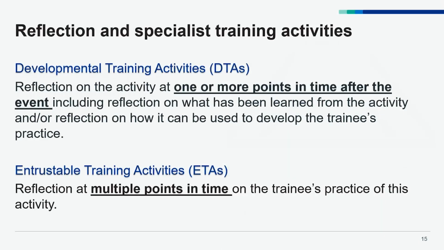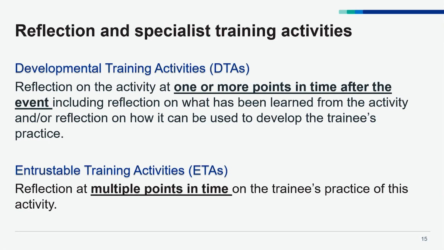So in terms of reflection and specialist training activities, the requirement, if you look at the work-based assessment standards, is that for DTAs, you need to reflect at one or more points in time after the event.